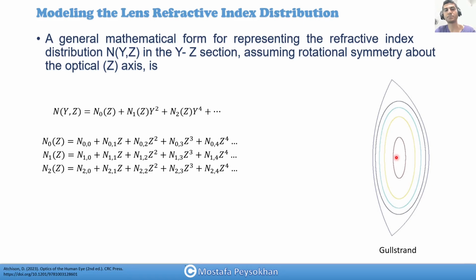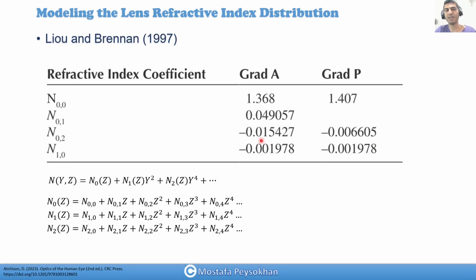So right now let's take a look at one of the models, Liu and Brennan in 1997. We have the refractive index coefficients. Grad A means the gradient lens function, or gradient in refractive index, of the anterior surface, and Grad P means the gradient for the posterior surface.